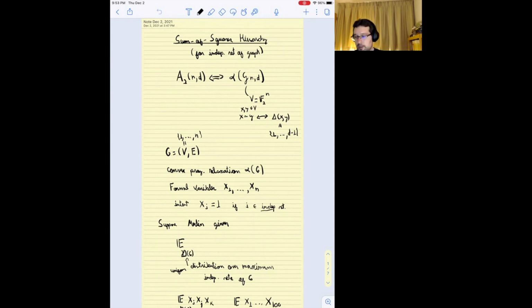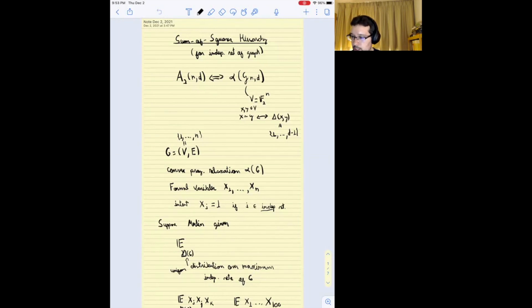So welcome to the second part of this discussion about the sum of squares hierarchy for the independent set in a graph. The sum of squares is a powerful framework for designing semi-definite programs for us. It's indexed by the level, the degree, so you can have increasing degrees.